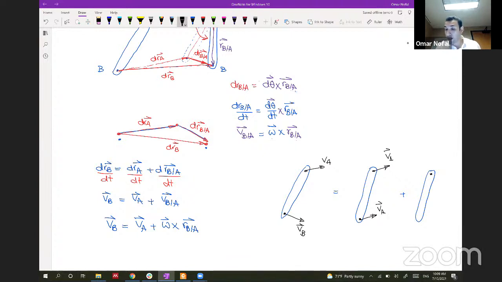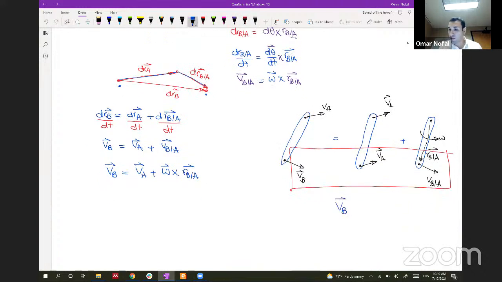And then we will have a rotational motion with an omega and with VB with respect to A at this location. And we can get it from RB with respect to A. So if we look at the lower term here, the VB vector will be equal to the VA vector plus the VB with respect to A vector. And this one is the omega of the body multiplied by RB with respect to A.